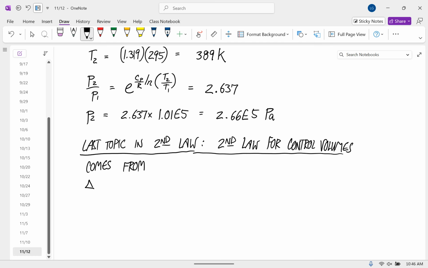So the change in entropy is equal to the integral of all the heat transfers divided by the temperatures where they're transferred around the boundary plus some sigma. So this sigma is called the entropy produced.